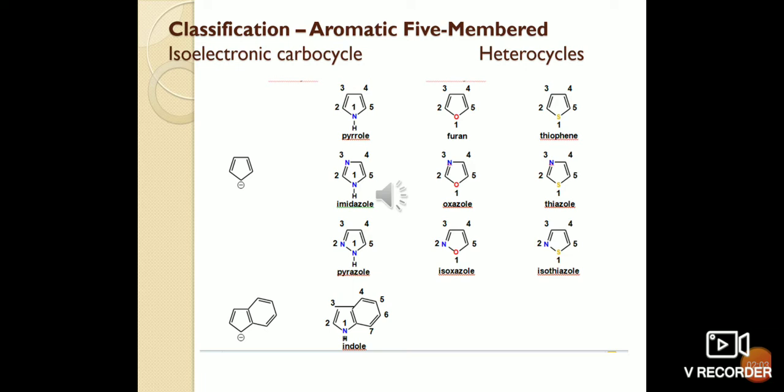The example is imidazole with nitrogen at position 1 and 3, oxazole with oxygen at position 1, nitrogen at position 3, thiazole, sulfur on position 1, nitrogen at 3, pyrazole, position number 1 and 2 being occupied by nitrogen, isoxazole, oxygen at number 1, nitrogen at number 2, isothiazole, sulfur at position 1 and nitrogen at position 2 in a 5-membered ring.